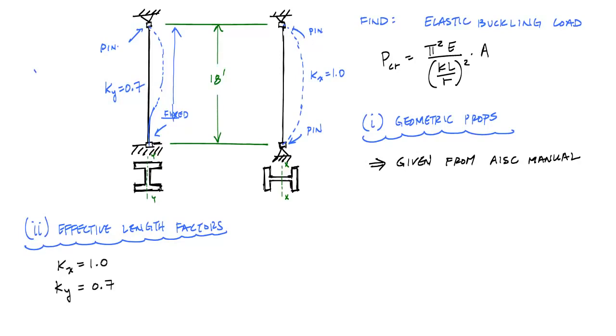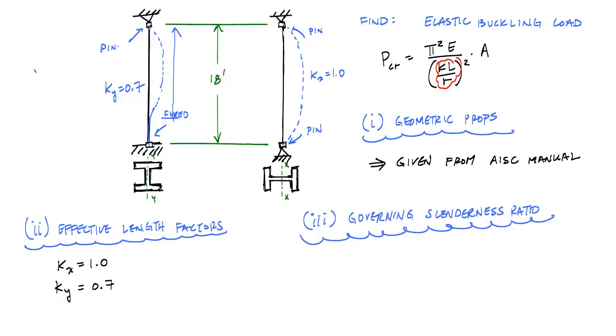Now that I know my effective length factors, what I want to do is determine the governing slenderness ratio. So that slenderness ratio is this KL over r. And so I already know my radii of gyration, rx and ry. I have two slenderness ratios, one about the y-axis, one about the x-axis. What I want to do is choose the maximum of the two.